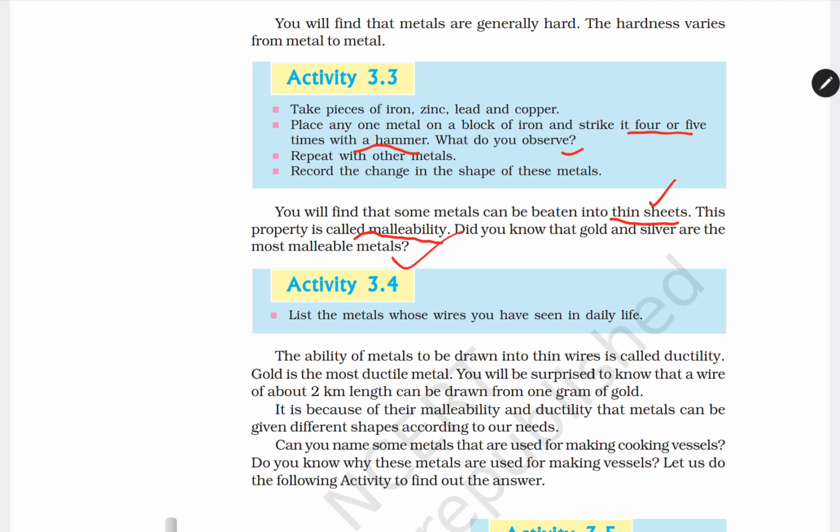That's why we make them into fine ornaments. How are the designs made? Because they are very malleable. They are available in the form of biscuits, is it not? In the form of coins, right? And in the form of ornaments. So depending upon the requirement, we use this malleability of metals.